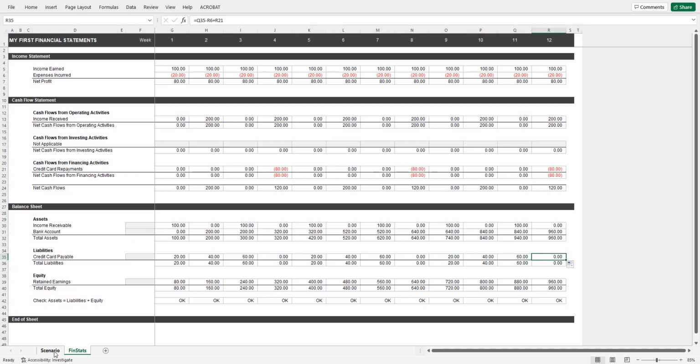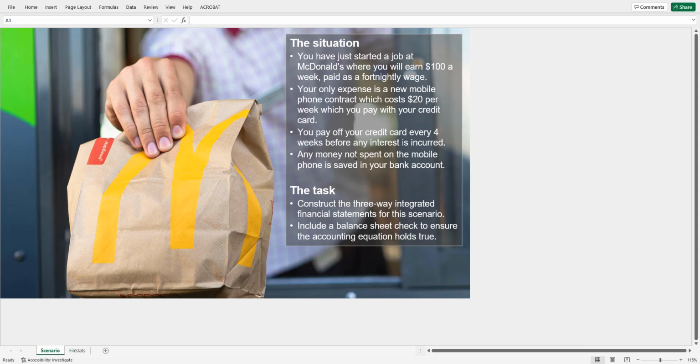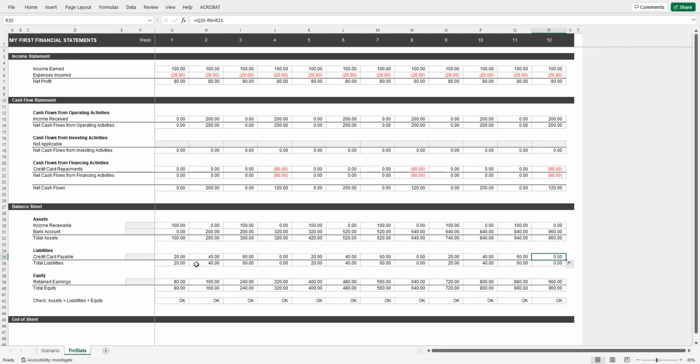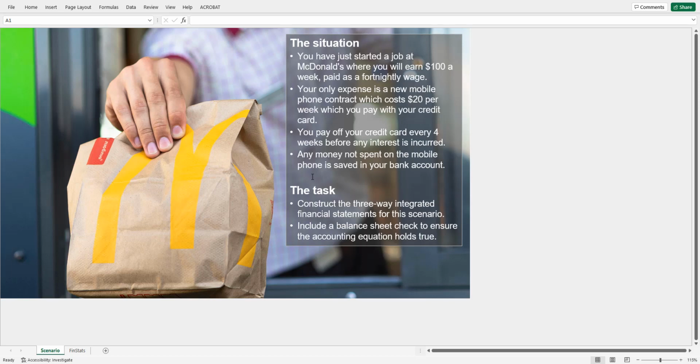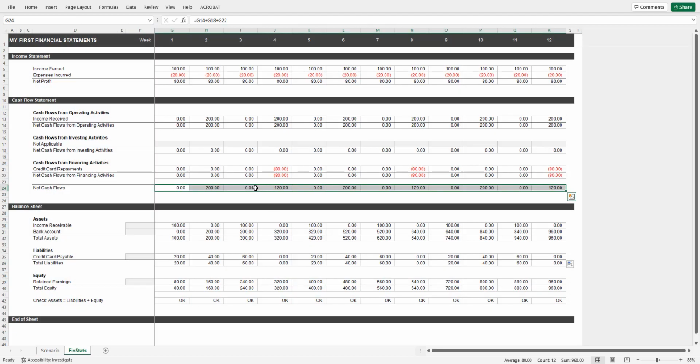And now the final point of our scenario, any money not spent on the mobile phone is saved in your bank account. Well, that was already in effect reflected when we built our integration of our bank account to our cash flow statement, because in effect the net cash flows here is what is money not spent on the mobile phone, and so that is building up our bank account.